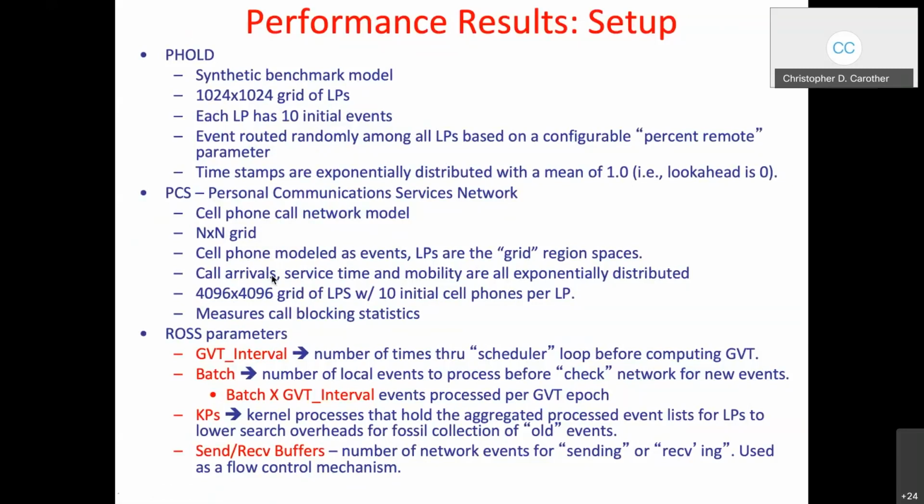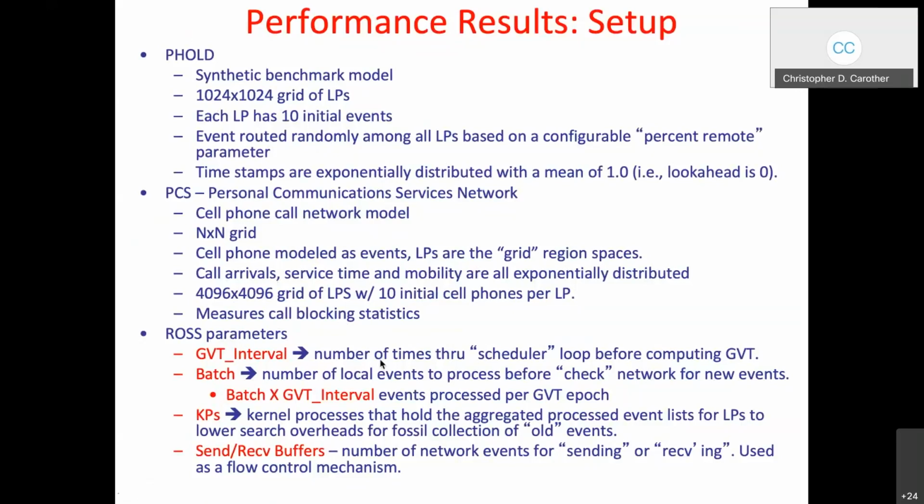All right, so we'll start diving into some of the results. The big thing we saw, at least on Blue Gene/L, is that we were getting into the billion event rate, which we'd never seen before. This was an amazing result, and this was for 10% remote on the p-hold benchmark I was talking about.